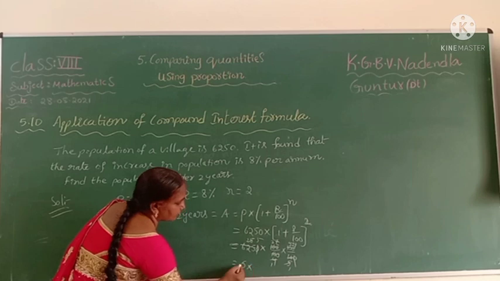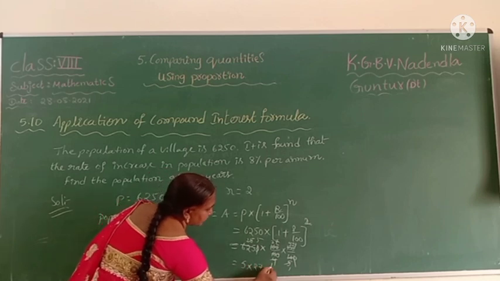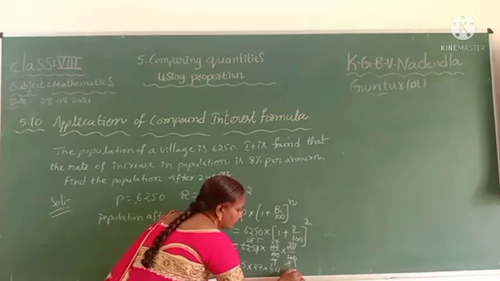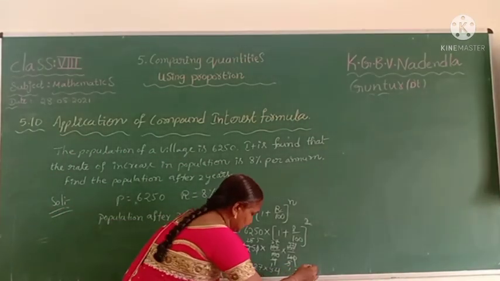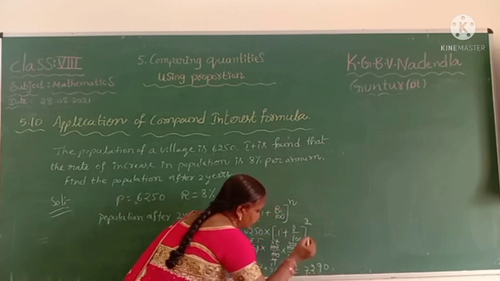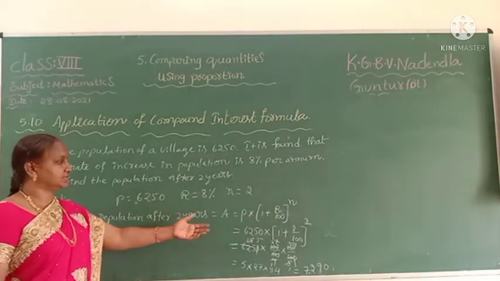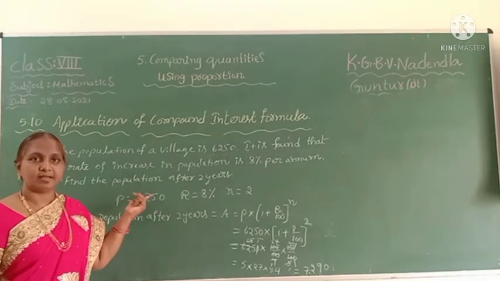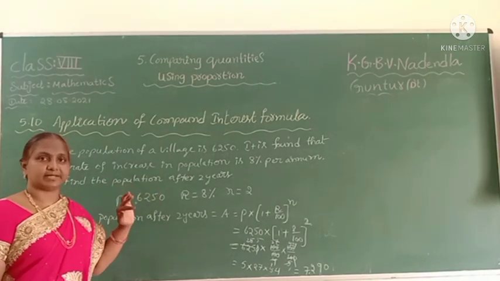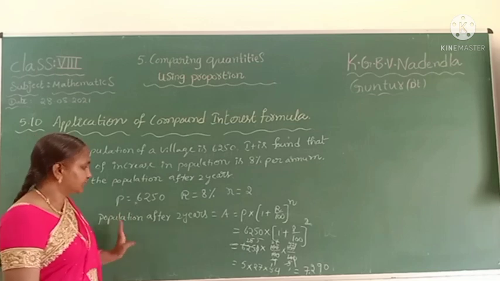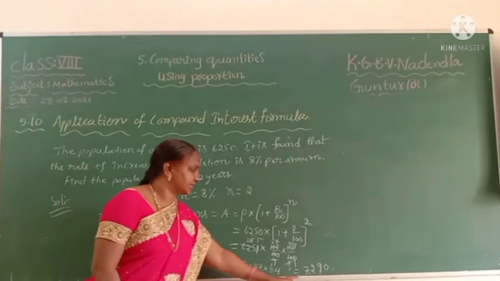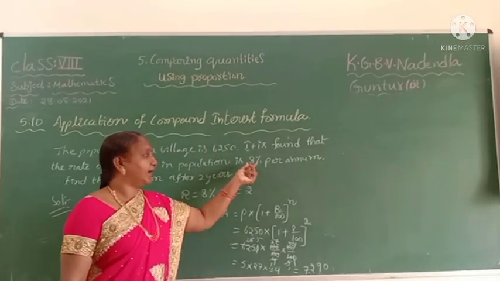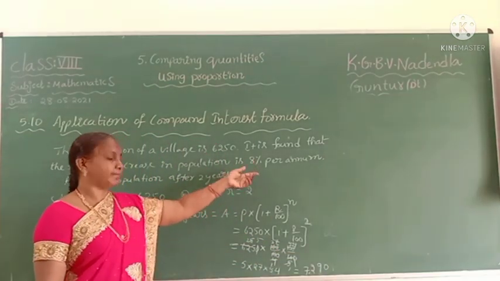What is the remaining here? 5 into 27 into 54, that is equal to 7,290. By using this formula, we can find the increased population or decreased population. Here the population after 2 years is 7,290, at the rate of 8% increase.